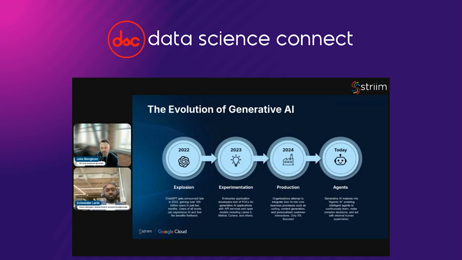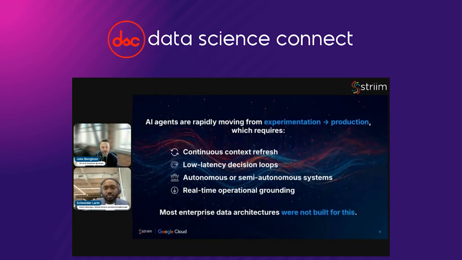And now today, where we're at is the talk is all about agents. Everyone wants to know how they can leverage agents. Building agentic AI is the real nomenclature that we all hear about. And what we'll be talking about today is how we can leverage a lot of the Google tooling that's available and how Striim can work with that. One thing that is for sure is that agents have changed the ways that you need to be able to present your data and work with your data. We're rapidly moving from the experimentation phase into the production phase.